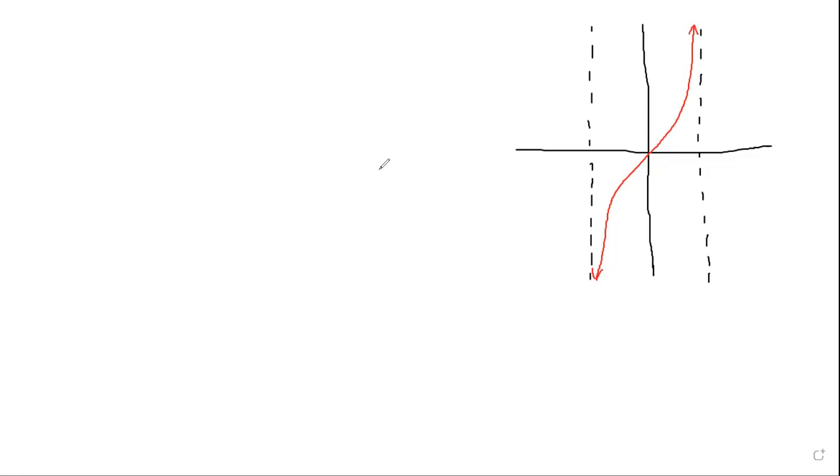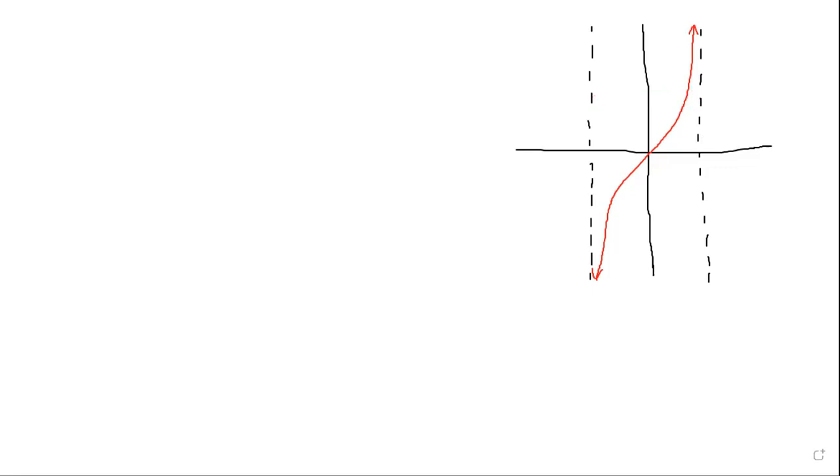All right. This is just one complete period. So the period is the distance from here to there, so from asymptote to asymptote.